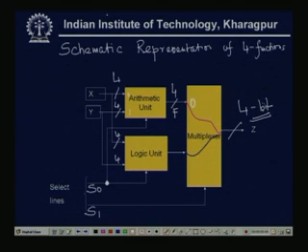So, this is the overall schematic representation. See here the select lines are a 2-bit and the 2 levels of multiplexers are there. Here S0 selects which type of arithmetic unit, because they are all 2-function arithmetic units or 2-function logic units.